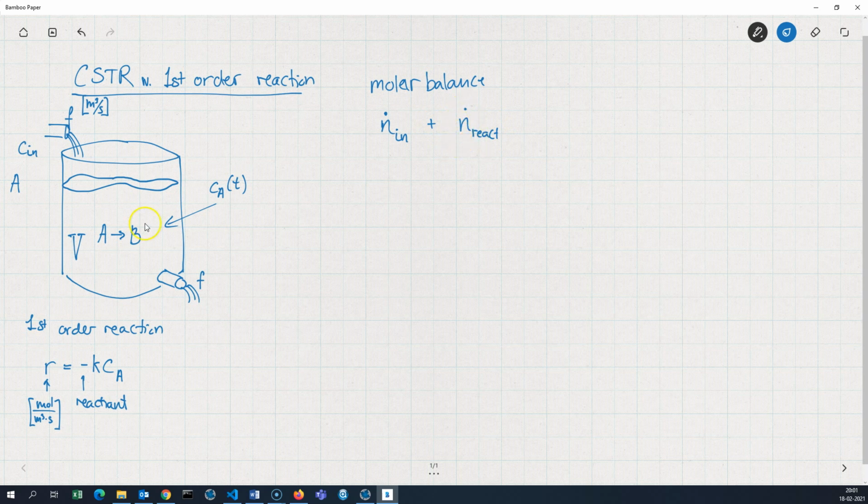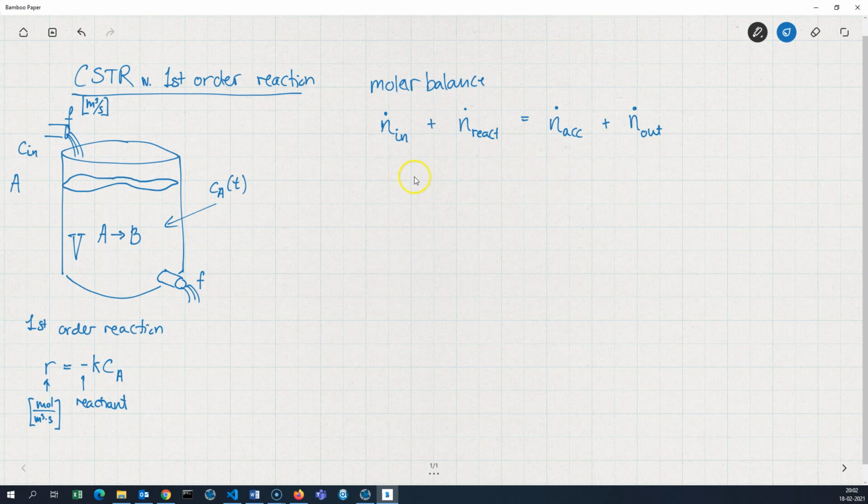And in this case, we know that A is going to be consumed, but it could be that it was created. But in general, we'll just say that it reacts. And then how much of A accumulates inside the tank per second. And finally, how much leaves the tank through the orifice here per second.